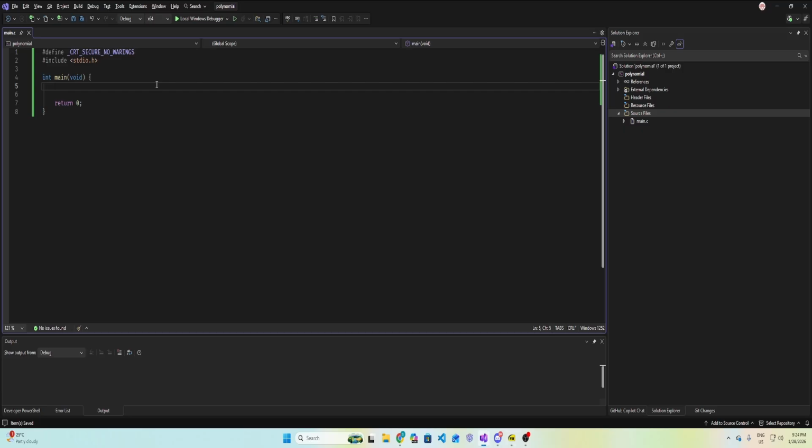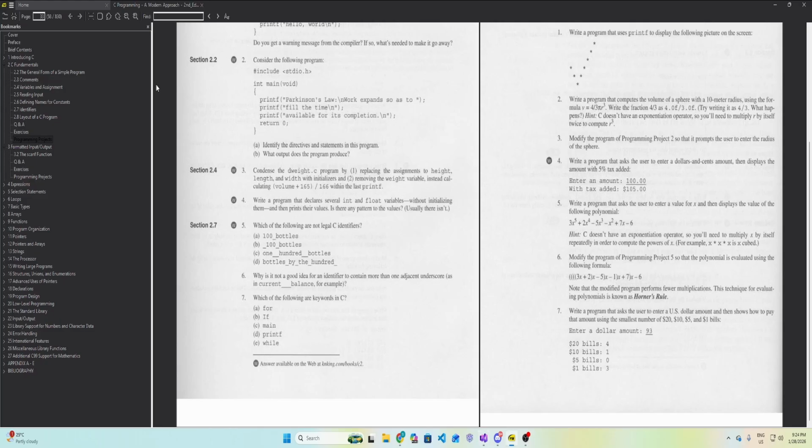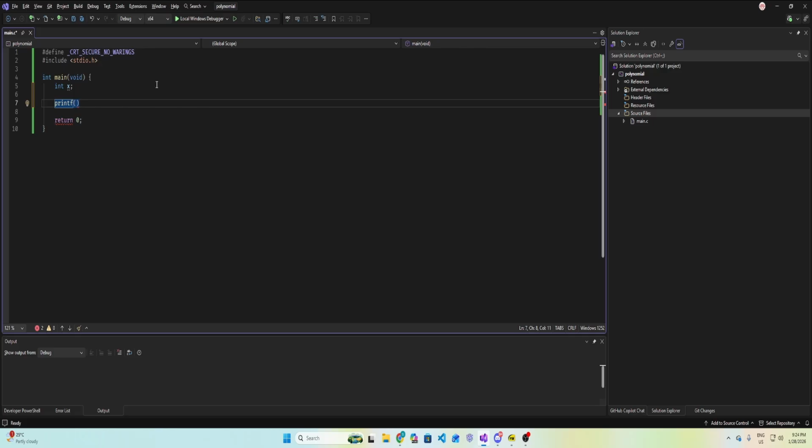I'm just going to say this is ints, so int x. So basically, if I do this ugly, we can say enter a value. I just want to show what my mind is thinking.